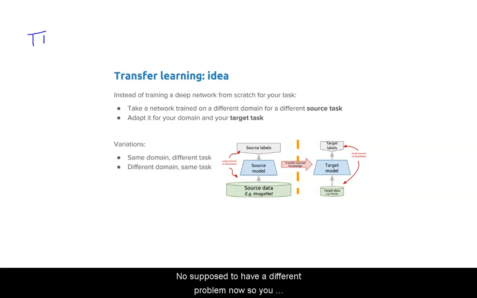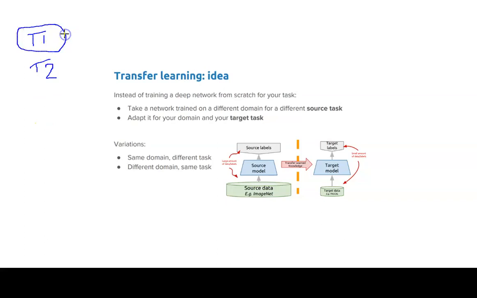Now, suppose you have a different problem now. So you have another problem, another task which I call, say, T2, wherein we need to detect objects from images in a restricted domain of a restaurant. Now, ideally, we should be able to apply this model which we have trained for T1 to our new task T2.